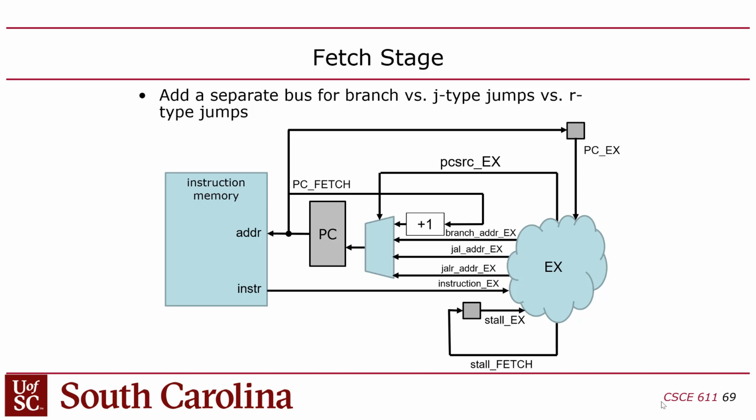Now this is important, because if you don't put this register here, and you have a feedback that goes from the control unit back into execute, which inevitably several groups will do, they'll forget this register, and this will end up as a combinatorial loop. What will happen is you'll see the branch and the control unit will say stall.